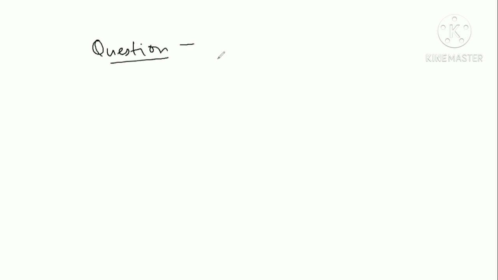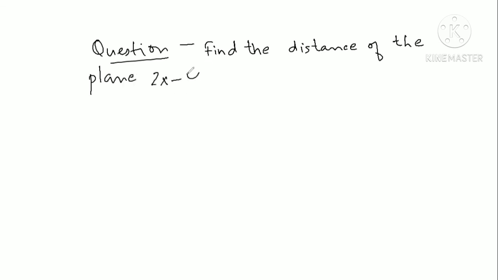So the next question is: find the distance of the plane 2x minus y minus 2z minus 9 is equal to 0 from the origin.